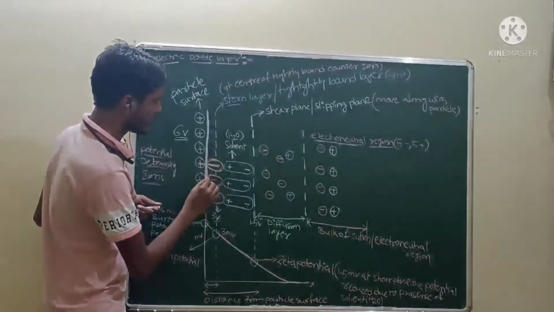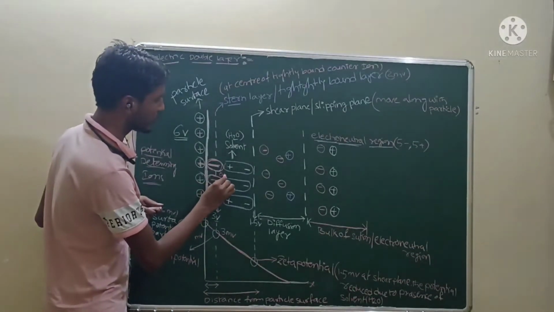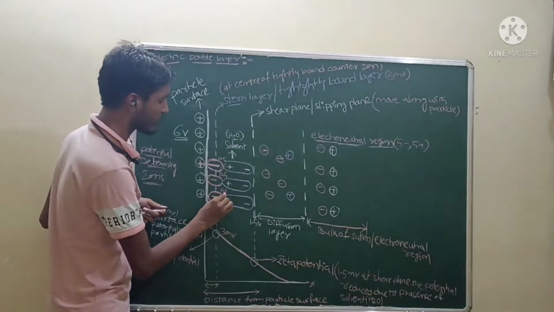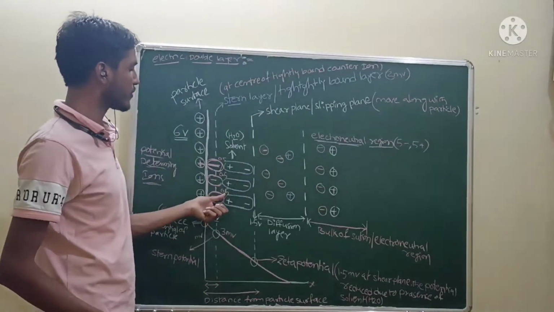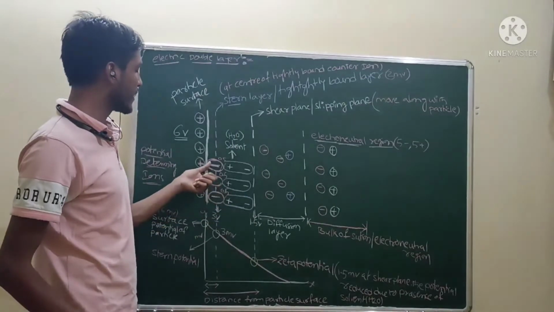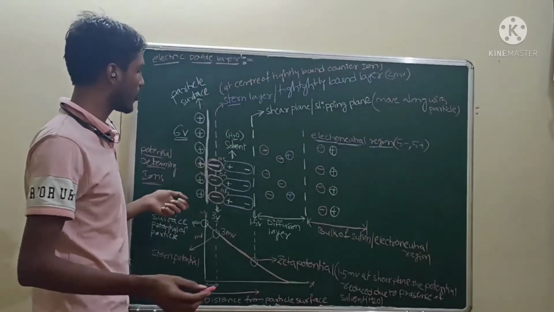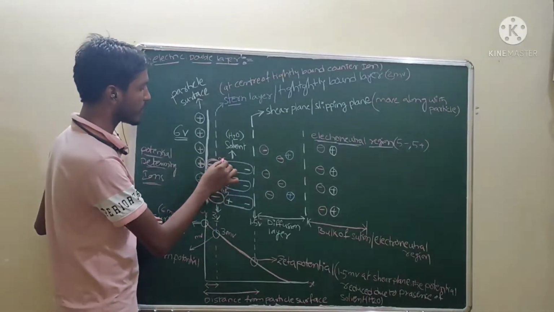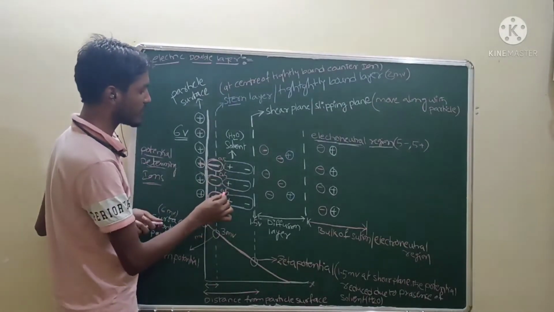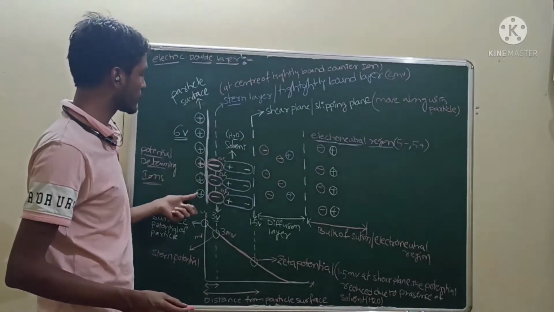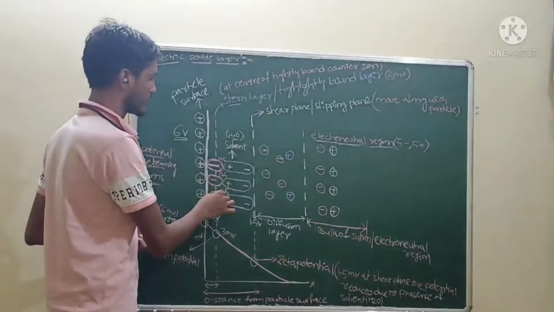Only 0.5. Only 0.5 millivolt potential of the surface charge is reduced by these counter ions.